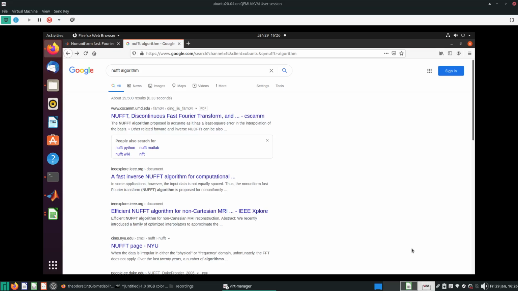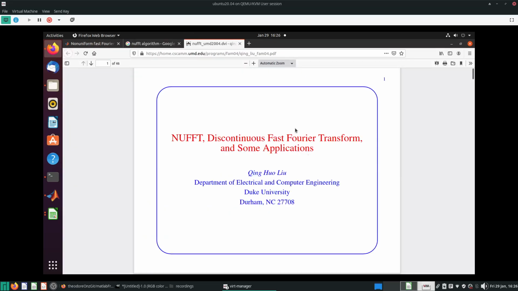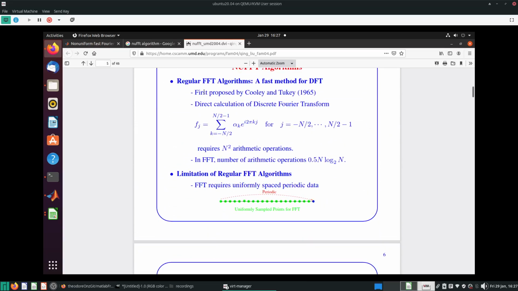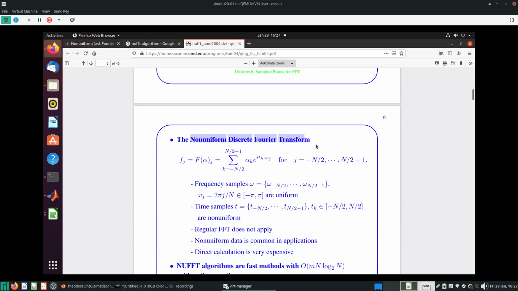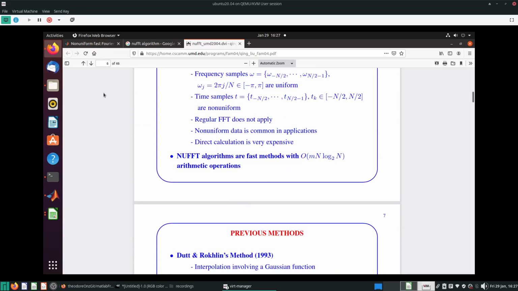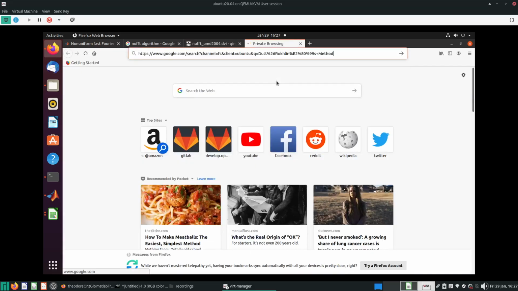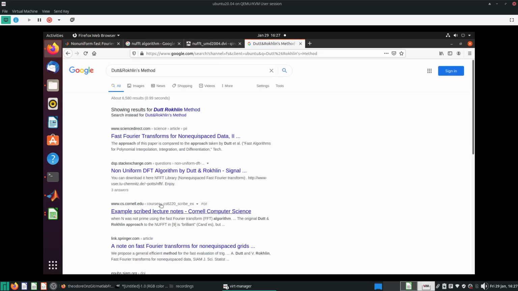Yes, and if you're not sure, you can always just look online for the non-uniform fast Fourier transform algorithm. You can open these links and you'll find the basic idea of interpolation there. For example, the Dutt and Rokhlin method is one of the ways. I'll put all this inside the description.